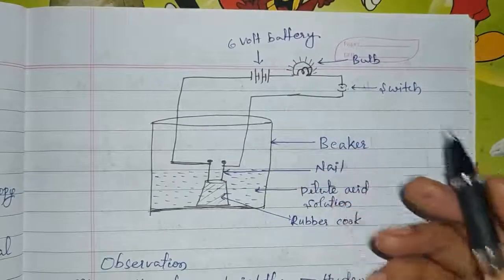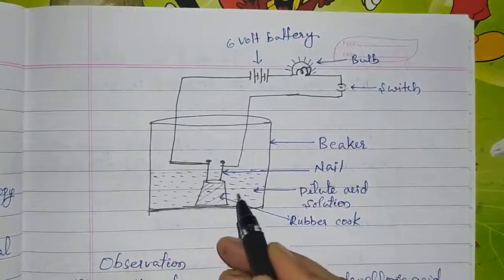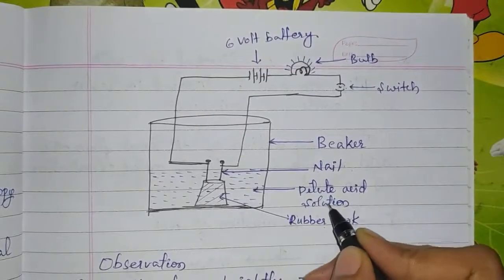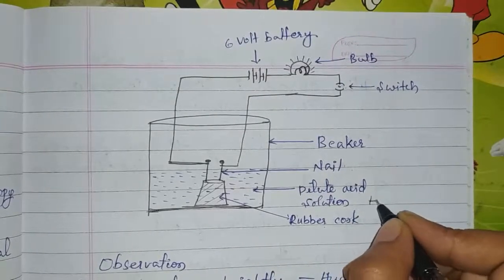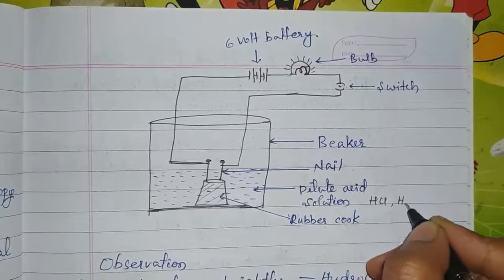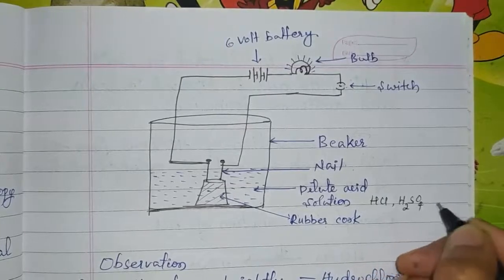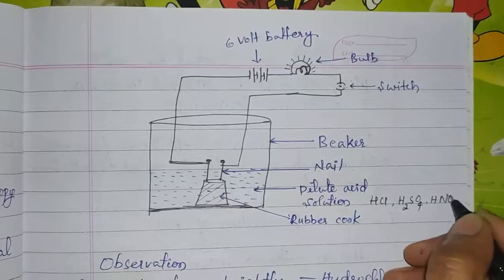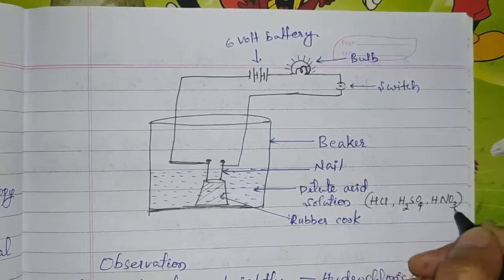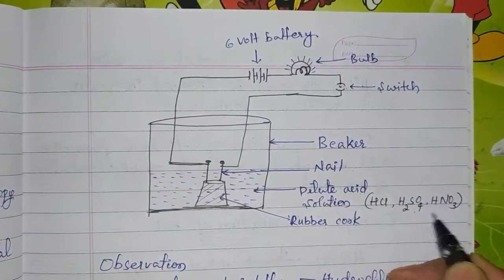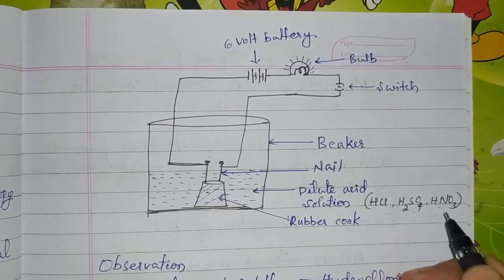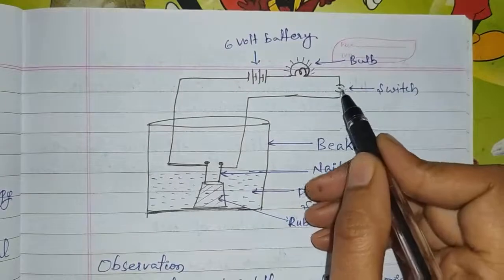In this beaker we are placing dilute acid solutions like hydrochloric acid, sulfuric acid and nitric acid. Then we will switch this on.